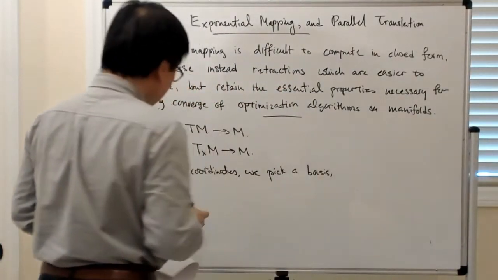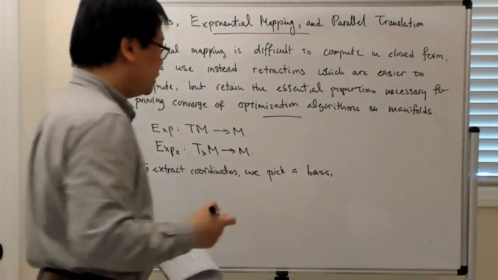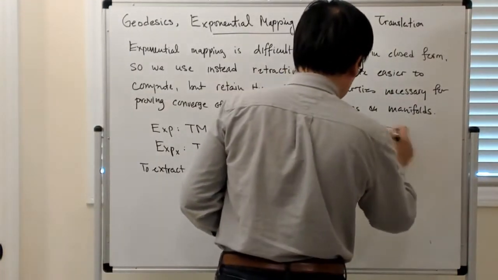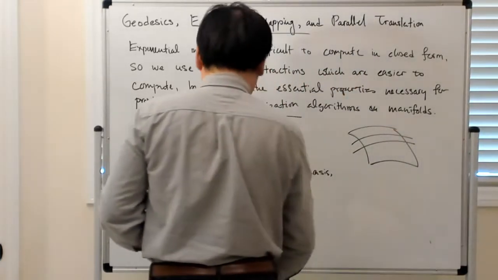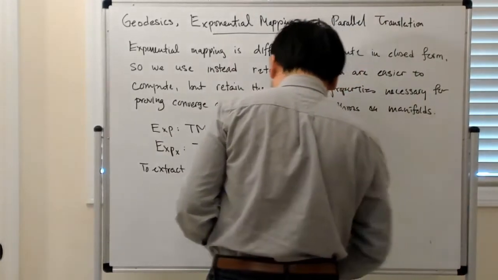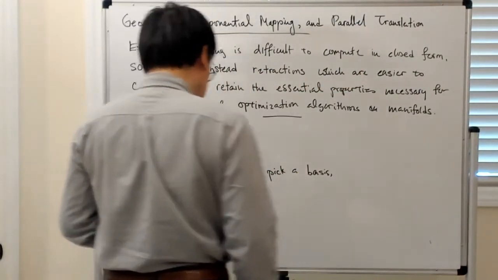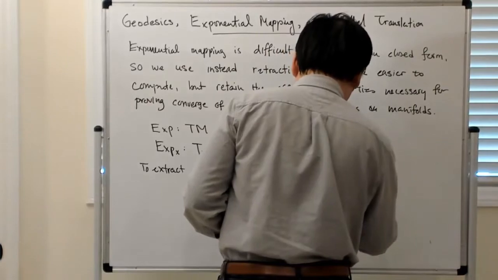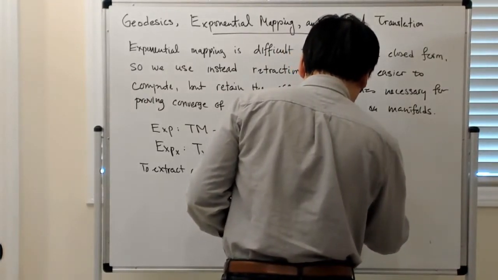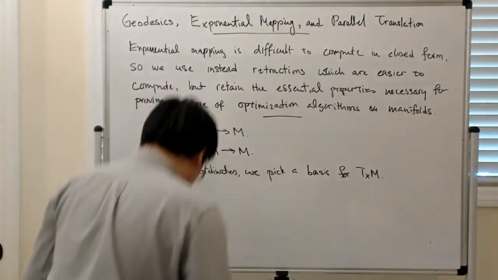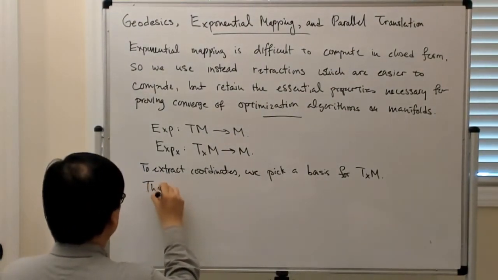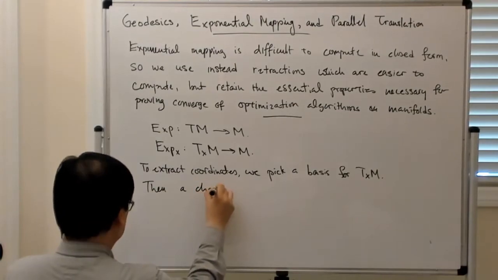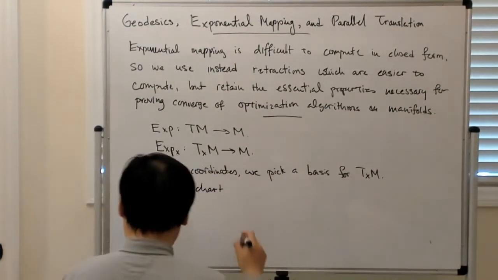If you have a coordinate chart on M, there's a natural choice of basis. Well, actually, no, we're trying to actually construct the basis. So we pick a basis for T_X M. Then a chart can be defined.